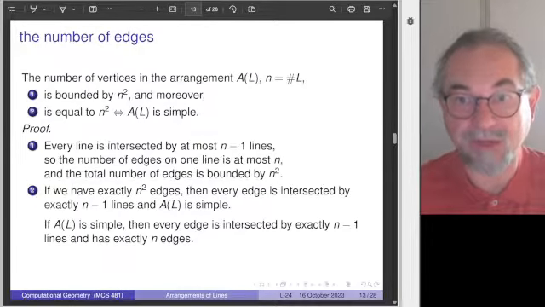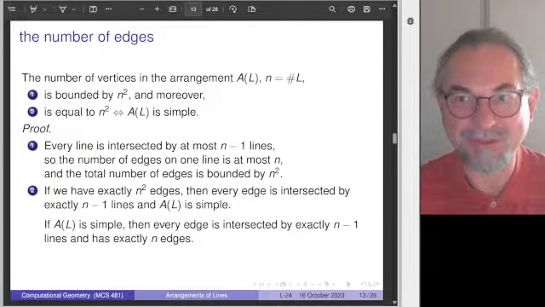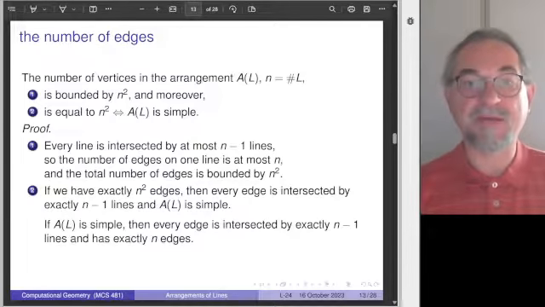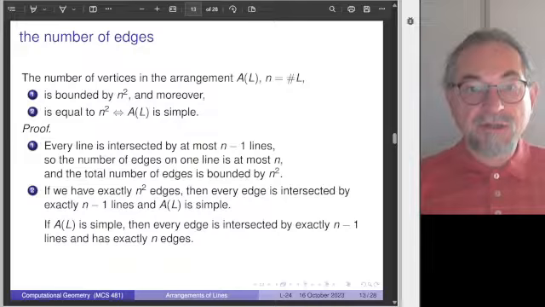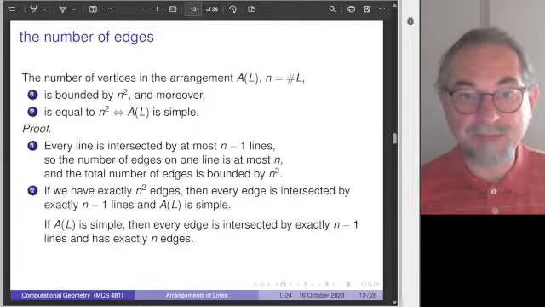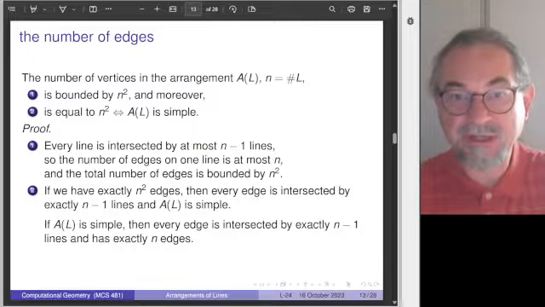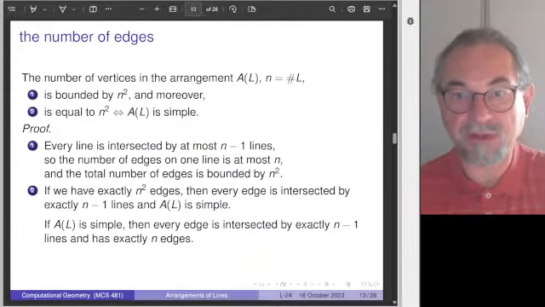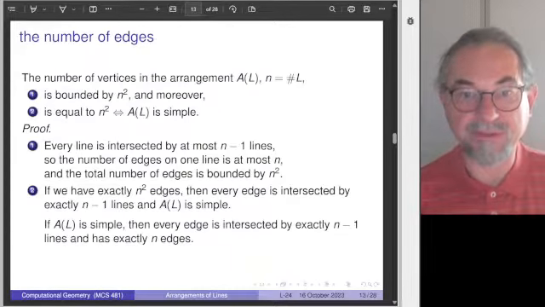And we have n lines, so we do n times n. In some sense this was even simpler than the last time, because we can't double count. So we have n square edges. If we have exactly n square edges, then every line is intersected by exactly n minus 1 lines. And we have that it is simple.